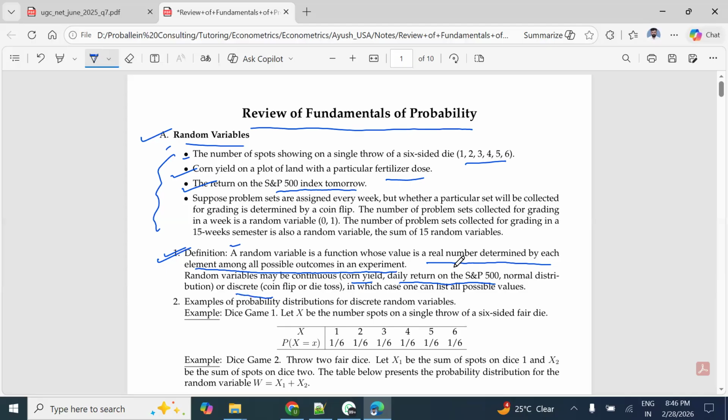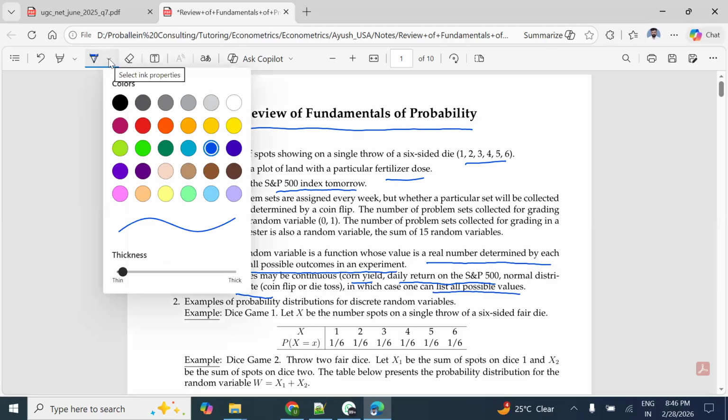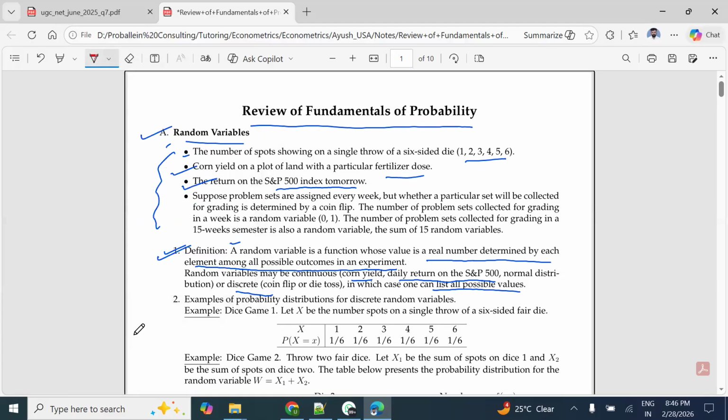In which case one can list all possible values. Is it clear, Ajay? Yes, sir. Or do you have any questions? You can ask me. No, sir. Okay.